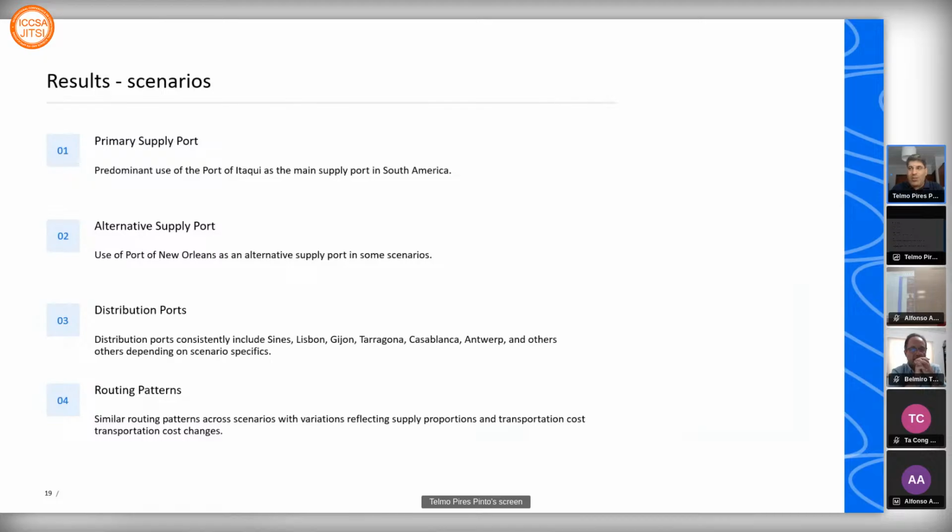So I'm trying to say that depending on the scenario, we'll have different ports involved, which is not a surprise. Routing patterns remain similar across different scenarios, though they adjust to reflect changes in supply proportions and transportation costs, according to the scenario.